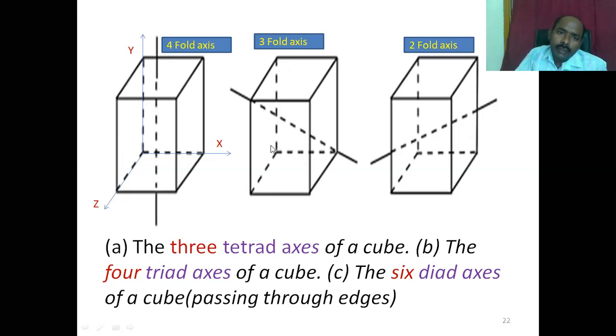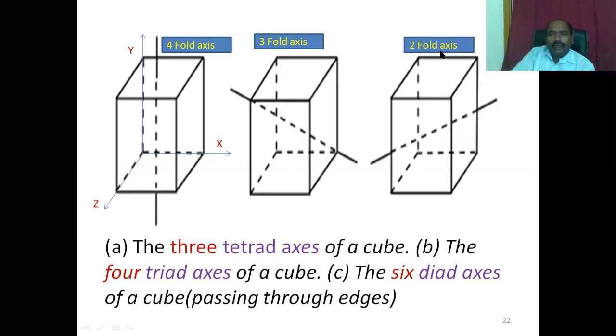Therefore, 8 by 2 gives us 4. So there exist four such threefold axes.